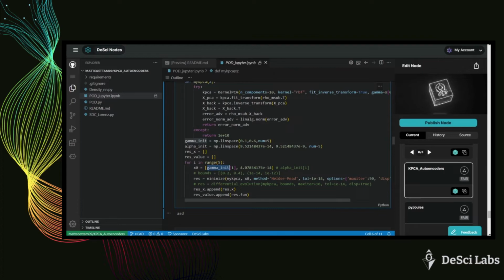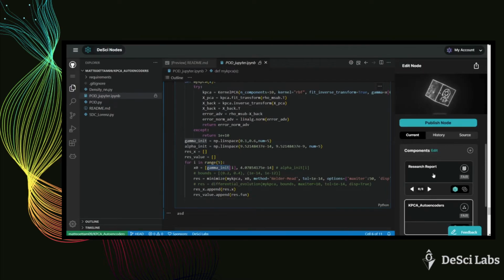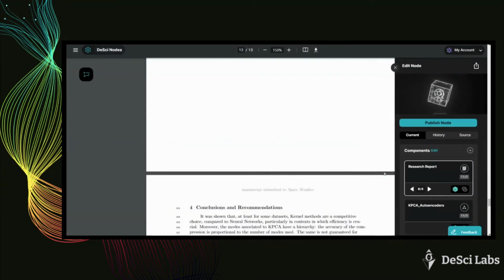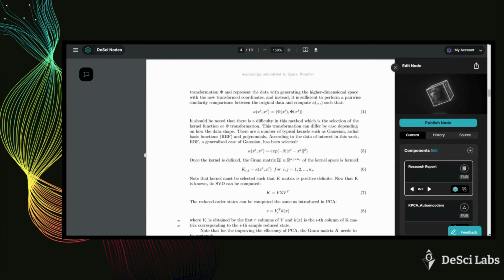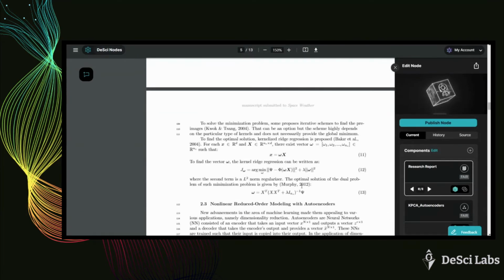To mention one: the regularizer alpha that I mentioned is not part of the kernel PCA. It's something inside this regression, and in practice it's used directly here.